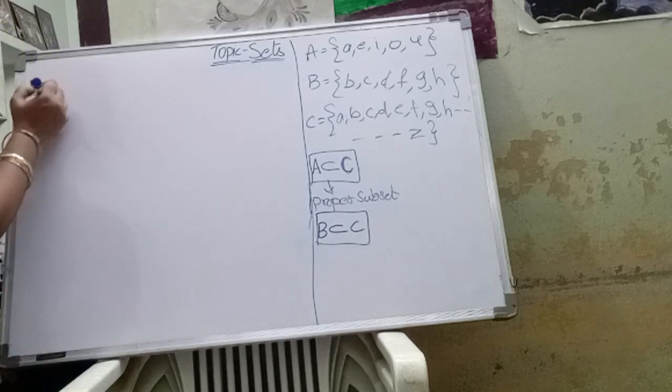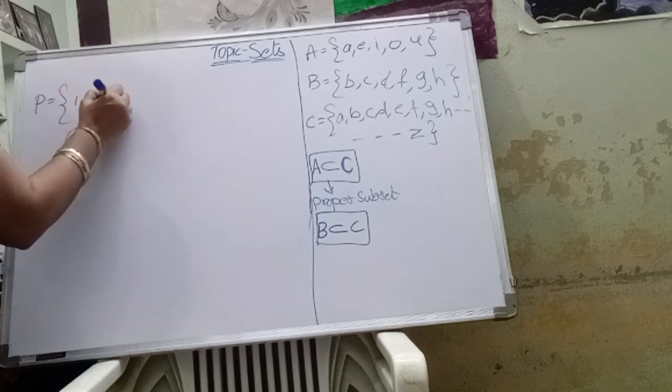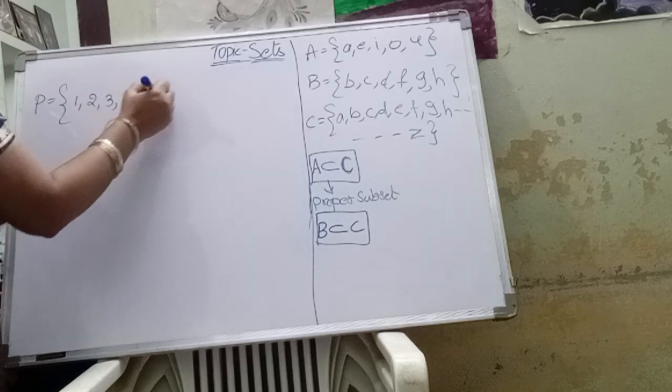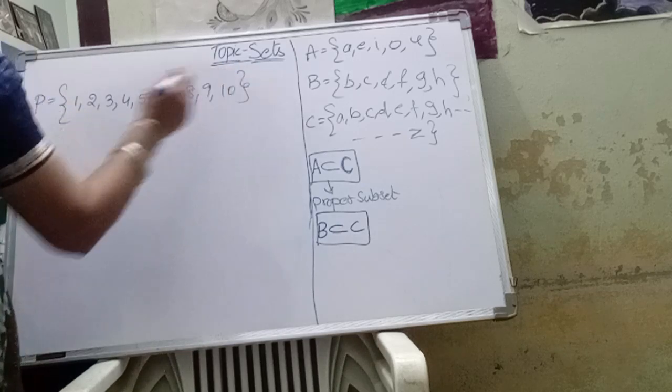Now one more example. P equal to the set of 1, 2, 3, 4, 5, 6, 7, 8, 9, 10.